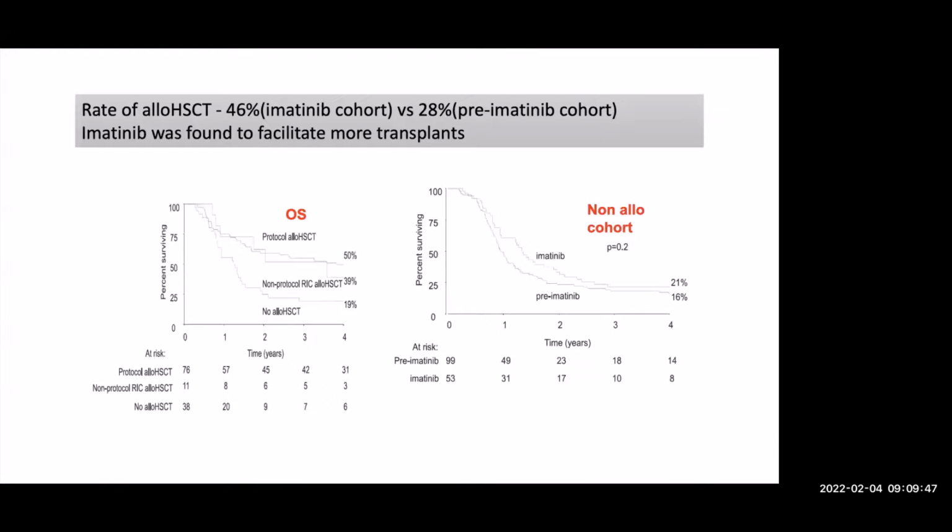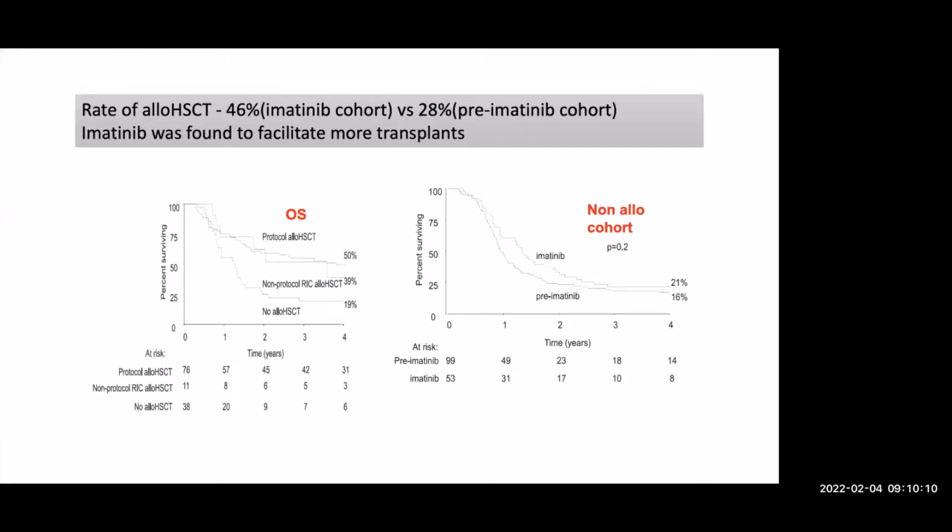But all this data which I have presented till now has come from the first generation TKI era. For the second generation TKIs, that is dasatinib, nilotinib, and ponatinib, there are no randomized trials which have looked at the role of allogeneic stem cell transplant.